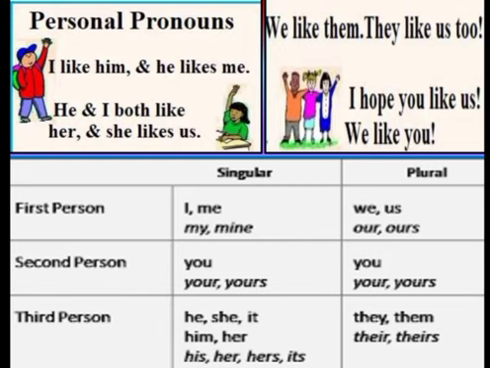We like them. They like us too. Here we, them, they and us are all personal pronouns. I hope you like us. In this, I, you and us are all personal pronouns. Then, we like you. Here, we and you are both personal pronouns. Okay, children? I hope you have understood.